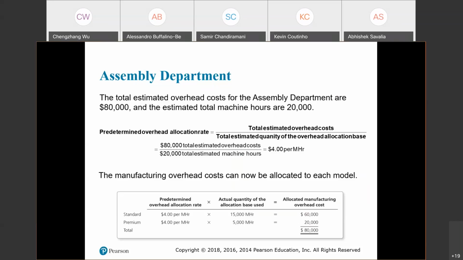For the first department, in total, it is the same thing, $100,000 as the total overhead, or total indirect cost, where 80,000 is allocated to the first department, and the rest, 20,000, is allocated to the second department.